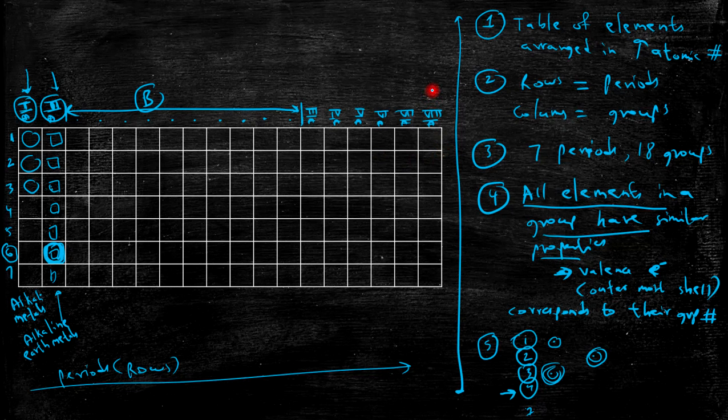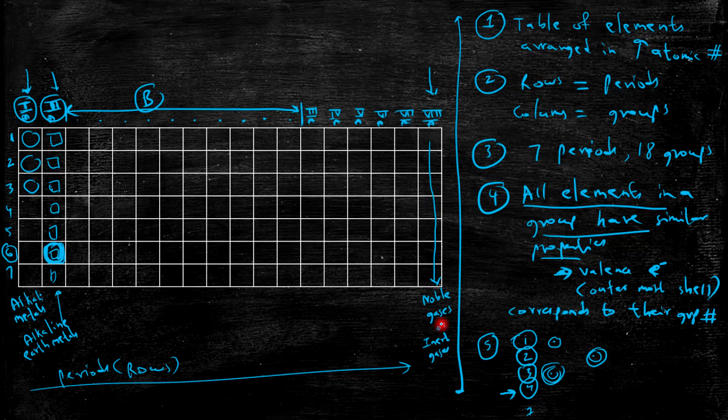The elements belonging to group 8A, this group here, are called the noble gases. And the reason they are called noble gases or inert gases is because they are non-reactive.